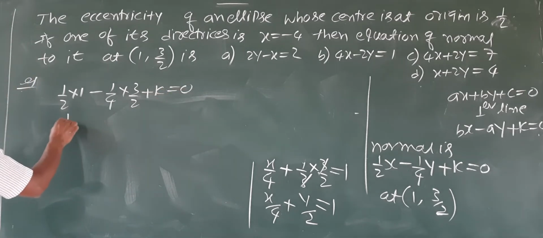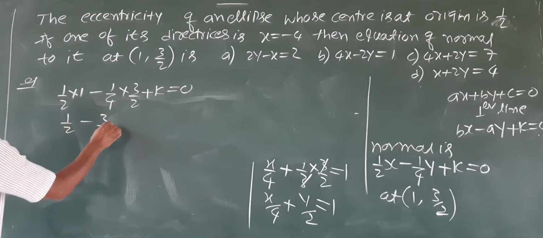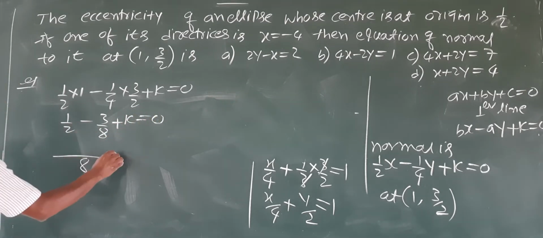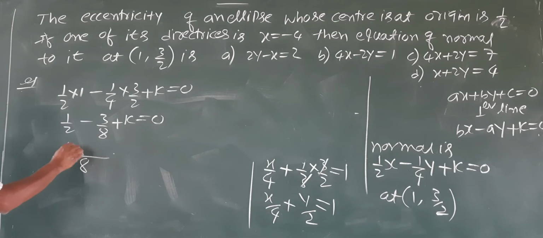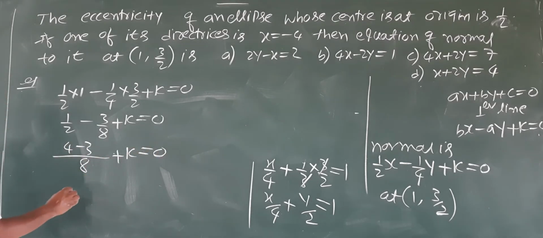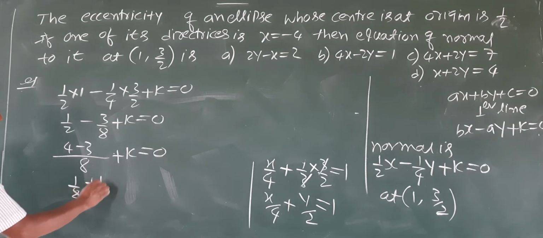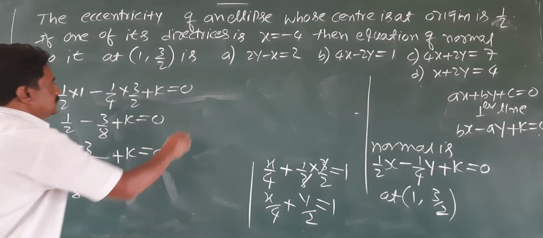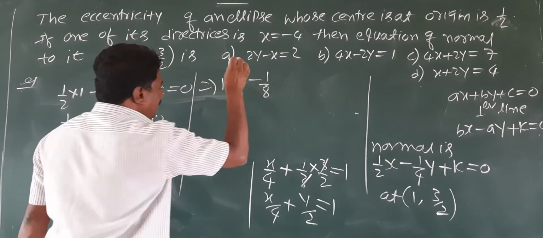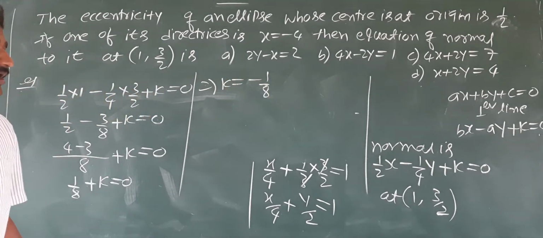So write 1 by 2 minus 3 by 8 plus k equals 0. LCM is 8. 2 4s are 8, so 4 minus 3 plus k equals 0. So 1 by 8 plus k equals 0. So this implies k is equal to minus 1 by 8. You got k value.